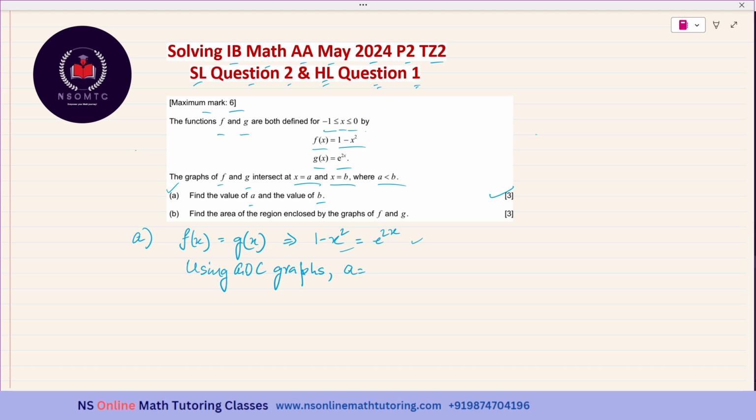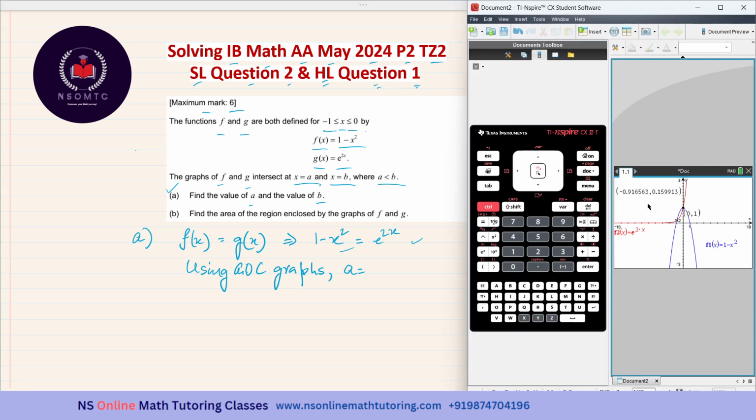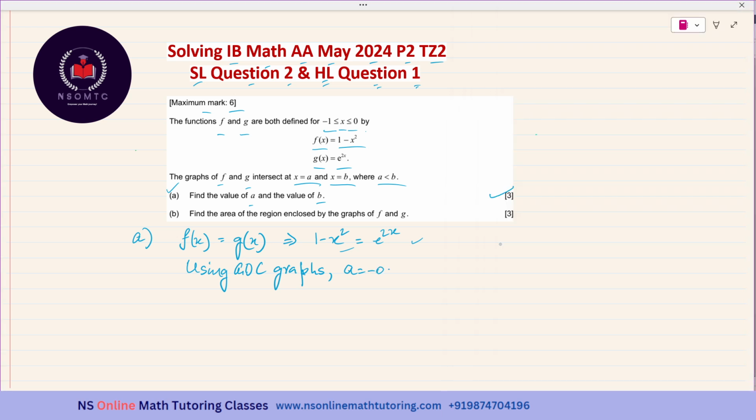The b value is 0. That is very easy to remember. The a value is negative 0.917, correct to 3 significant figures. Okay. So a is equal to negative 0.917, and b is equal to 0. So we have found the two values.